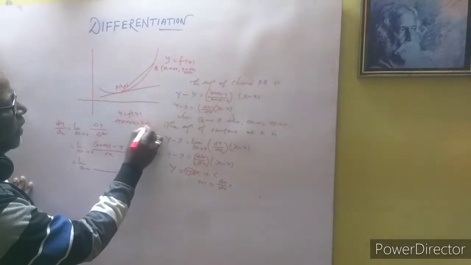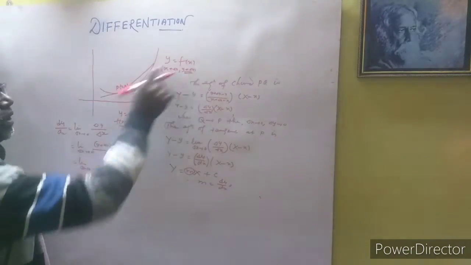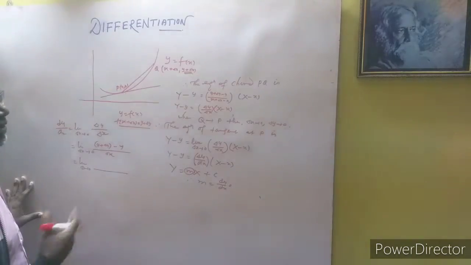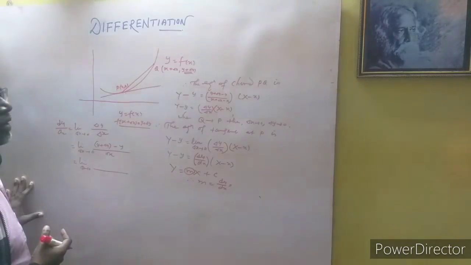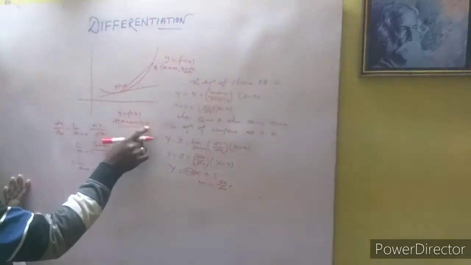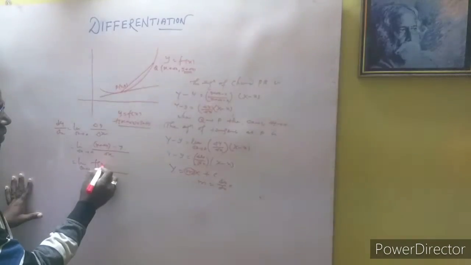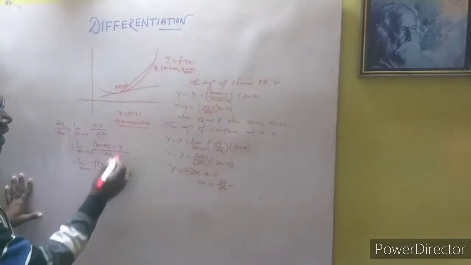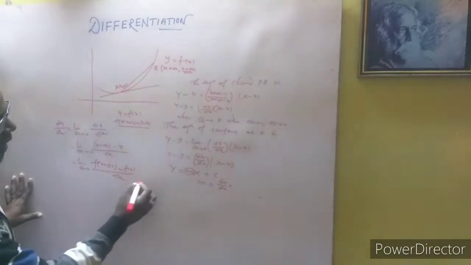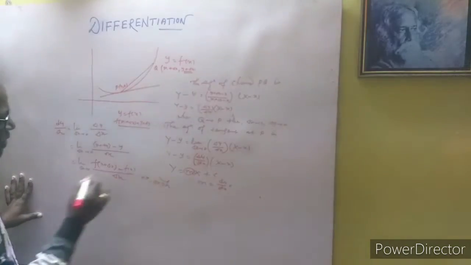The function is this. If we put the value of x plus del x, then what will be the value of y plus del y? This is the comparison. So in place of y plus del y, you can write this: f of x plus del x, minus f of x, divided by del x, and let del x be h.